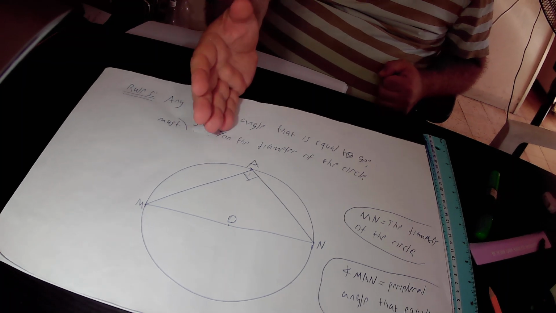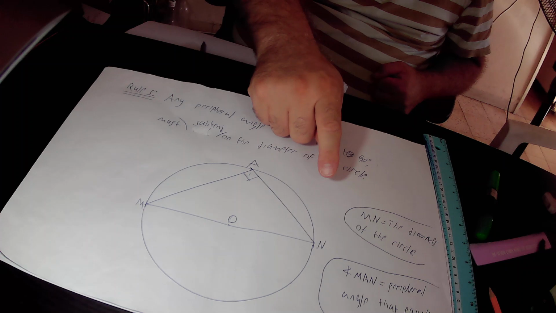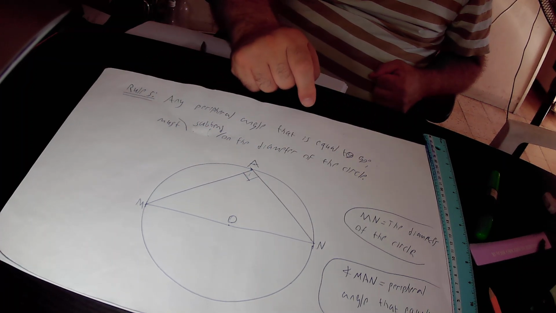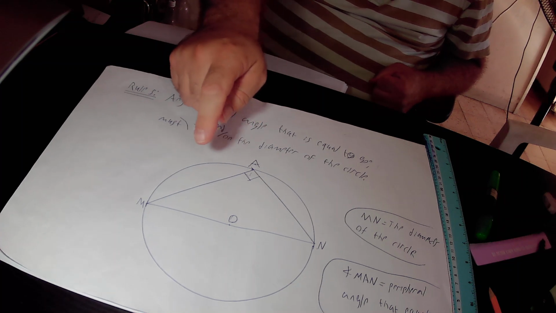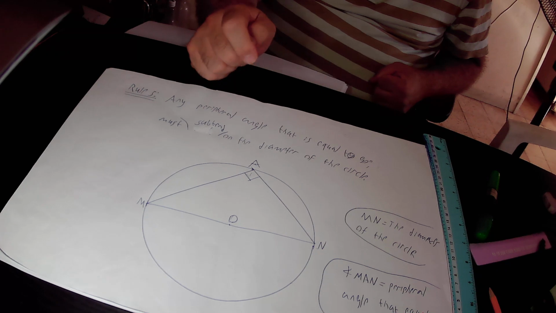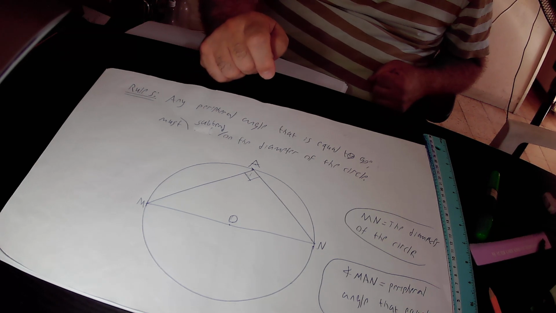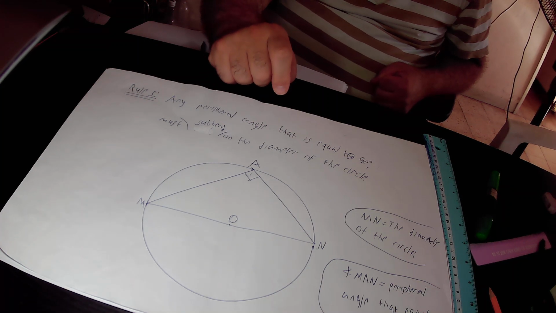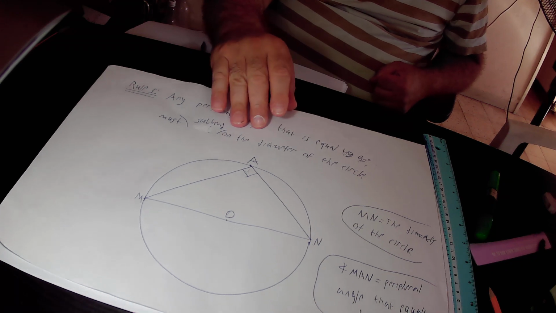It is very easy to see that peripheral angle MAN subtends on MN, and therefore MN must be the diameter of the circle, according to rule 5. So whenever you have a peripheral angle that is equal to 90 degrees in size, then that peripheral angle must subtend on the diameter of the circle.